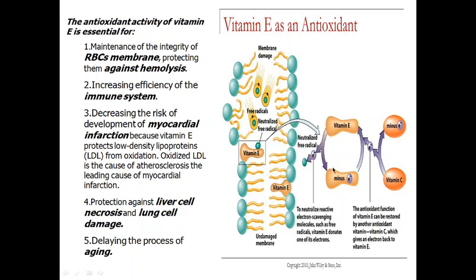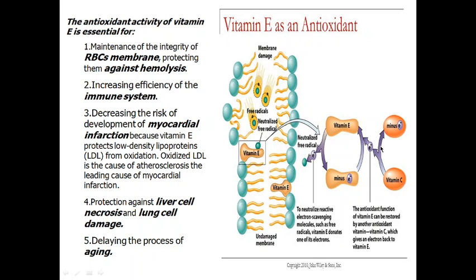Vitamin E will become minus an electron. It gets the lost electron from vitamin C. So vitamin C will give an electron to vitamin E when vitamin E loses its electron in the process of protection against the free radicals.